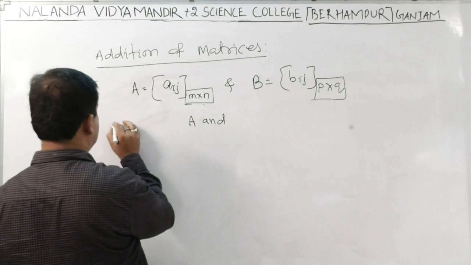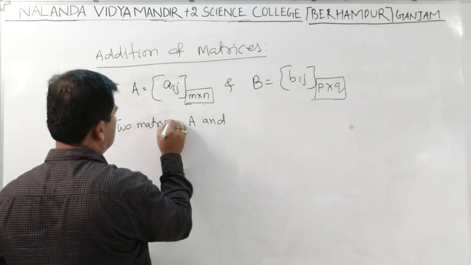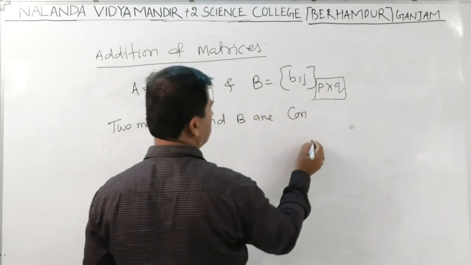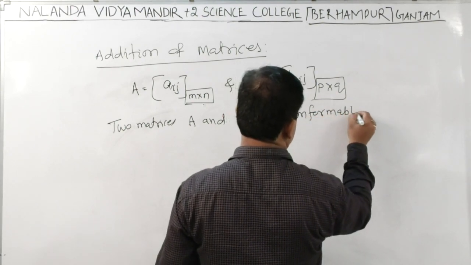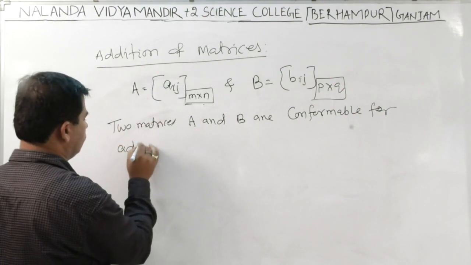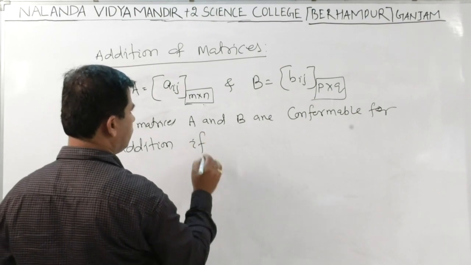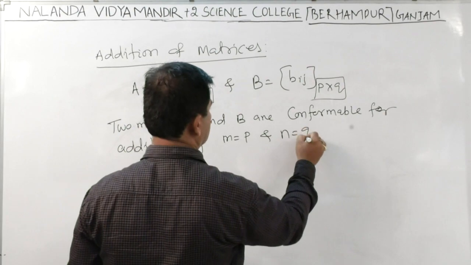Two matrices A and B are conformable for addition if m is equal to p and n is equal to q.